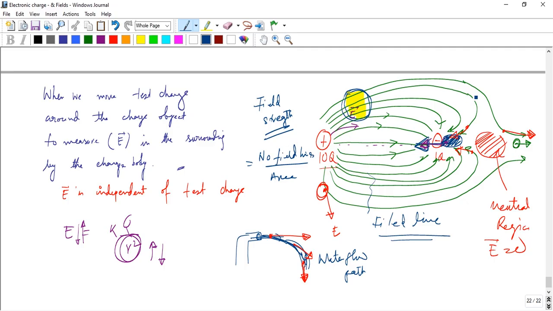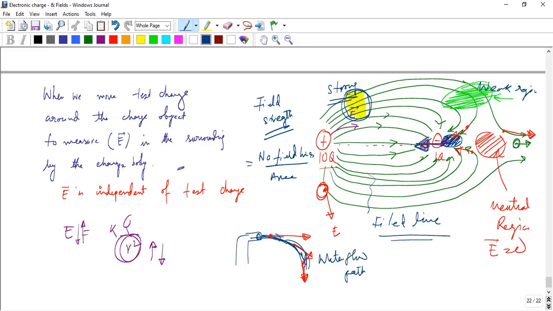Actually you see that here in this region the area is more but the number of field lines is less. That means a weaker region. That is a weak region, and that is a strong region.